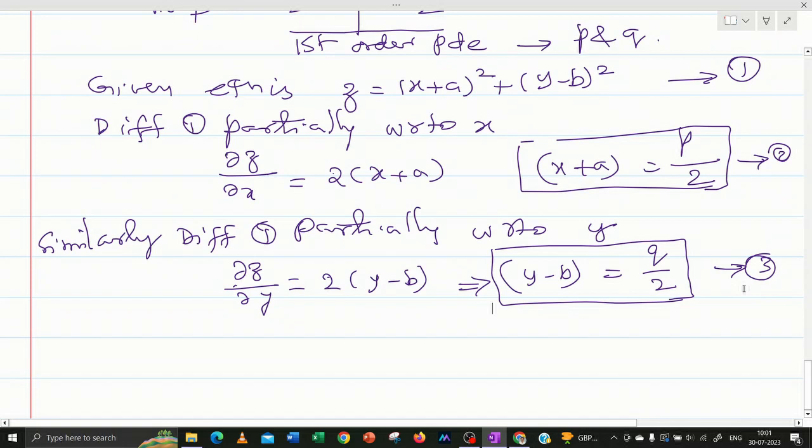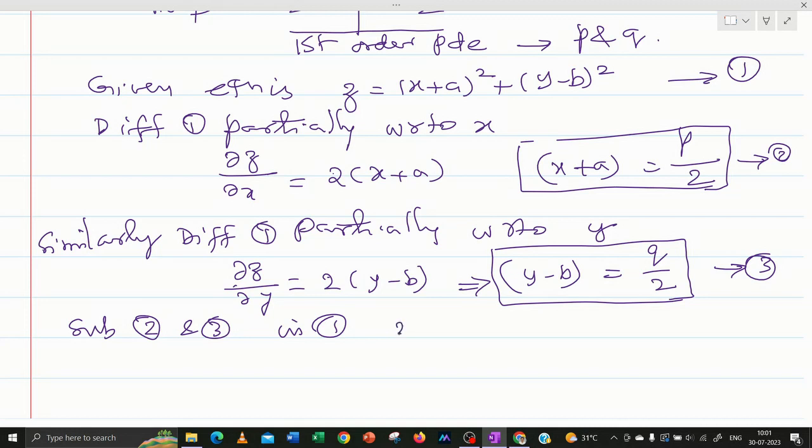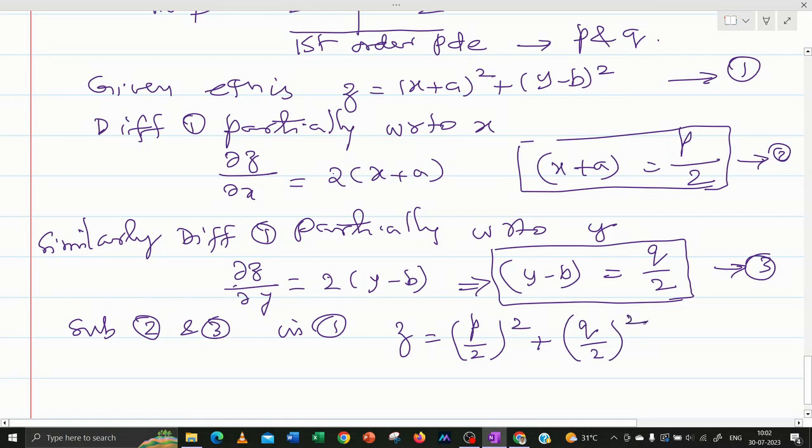Substituting 2 and 3 in 1, we get z equal to (p by 2) whole square plus (q by 2) whole square.